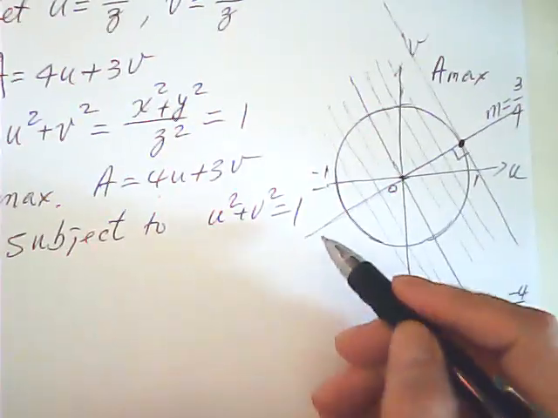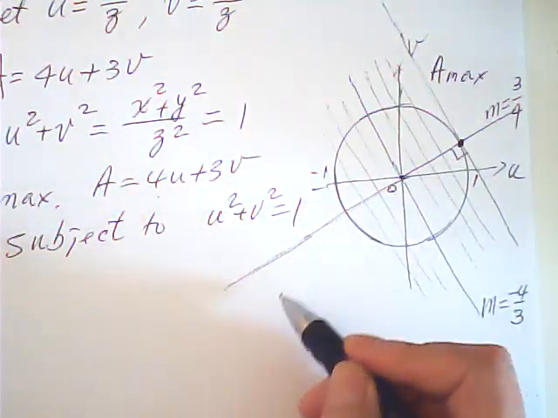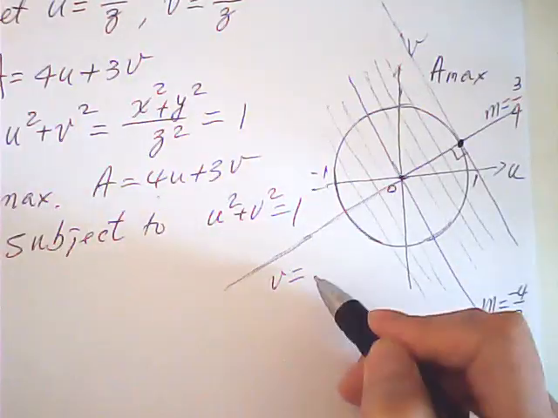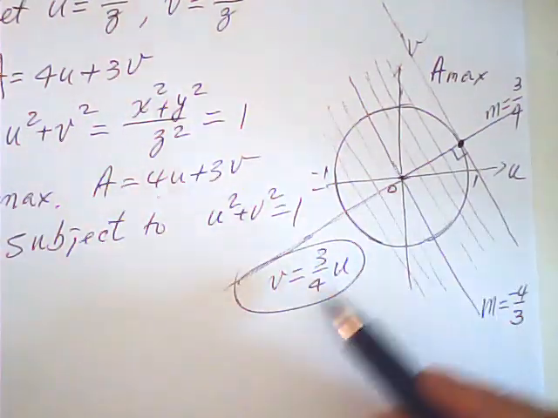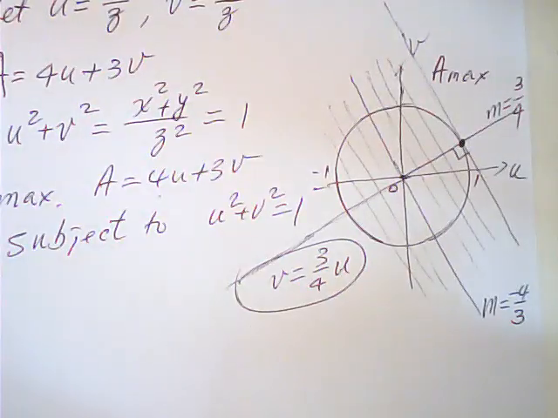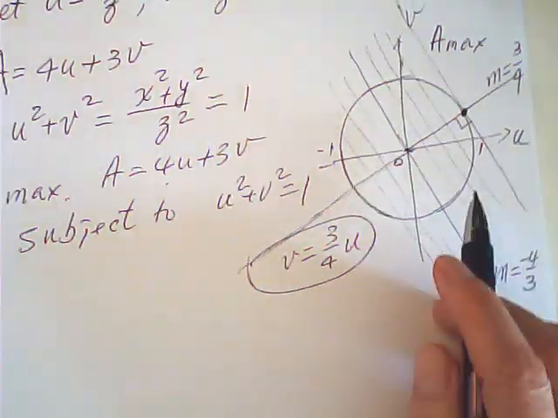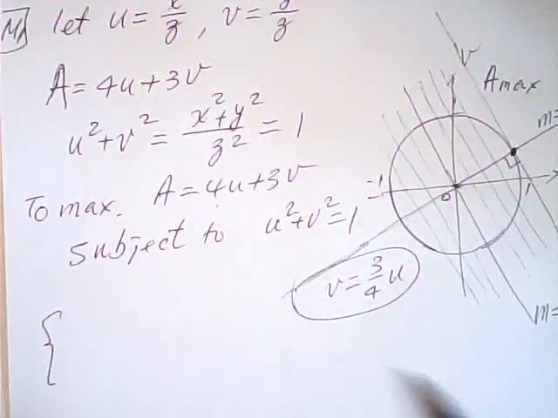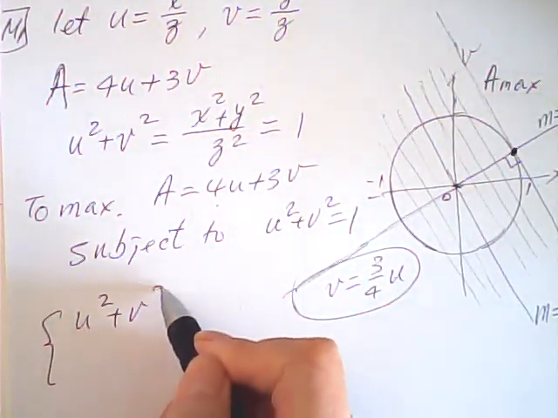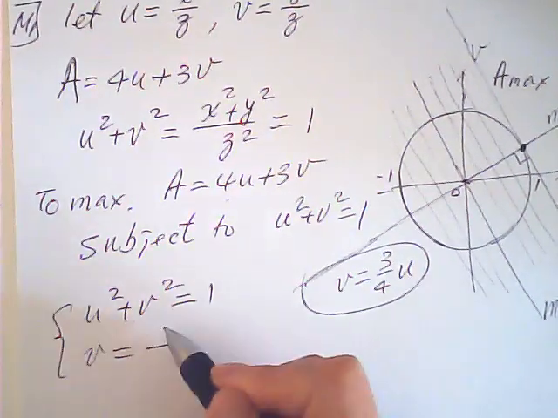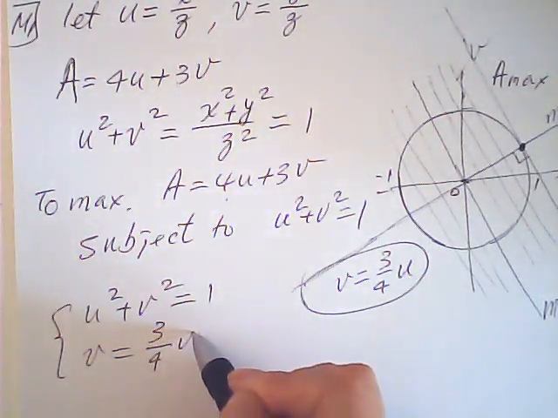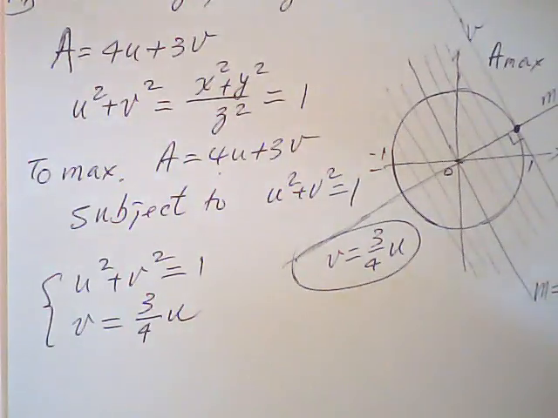So this line is v equal to 3 over 4 u. That slope is 3/4, right, passing through the origin. Okay, so we can find the tangent point by solving these two: u squared plus v squared equal to 1, and v equal to 3 over 4 u.